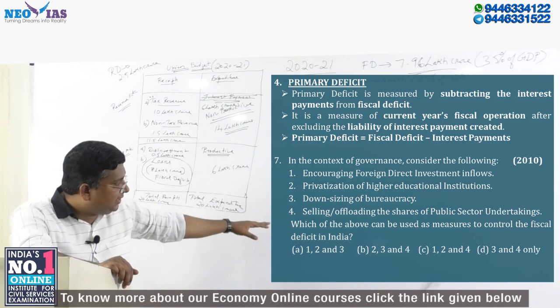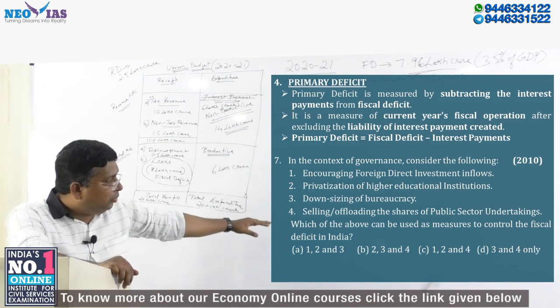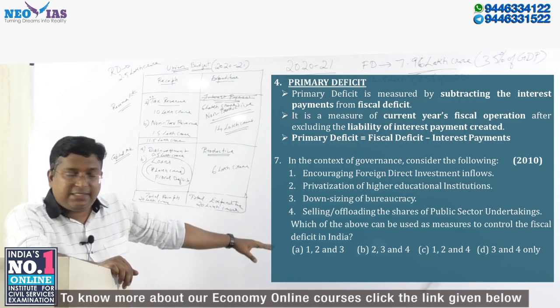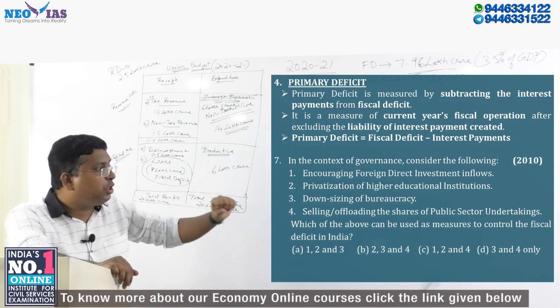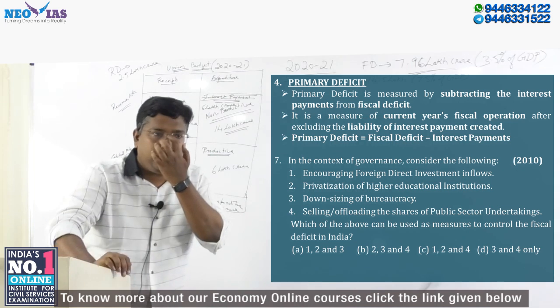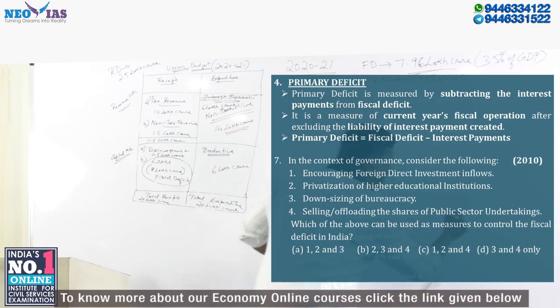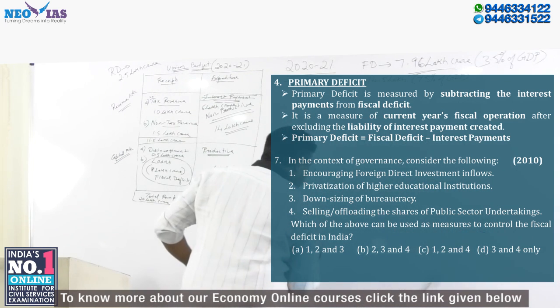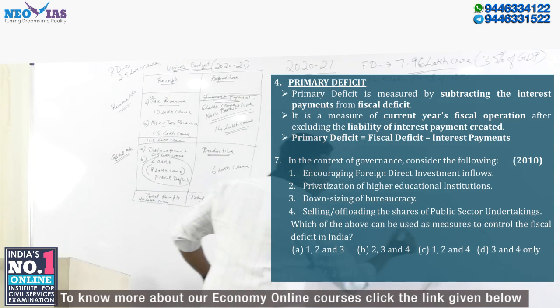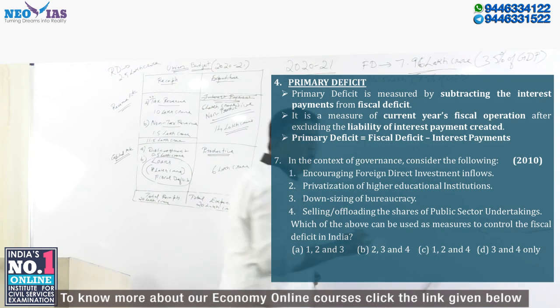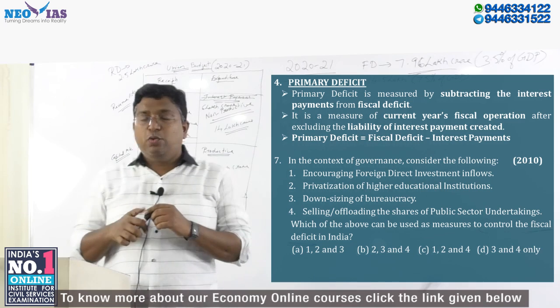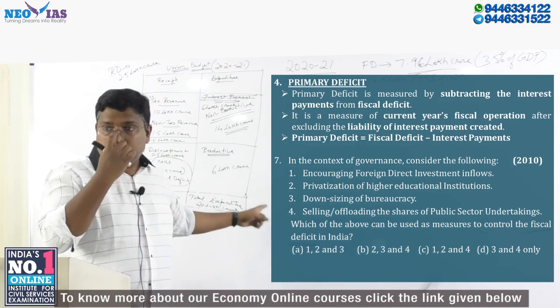What is the question? They are saying, which of the above can be used as a measure to control the fiscal deficit? What does it mean, controlling the fiscal deficit? To reduce the fiscal deficit. Now you look into this figure.